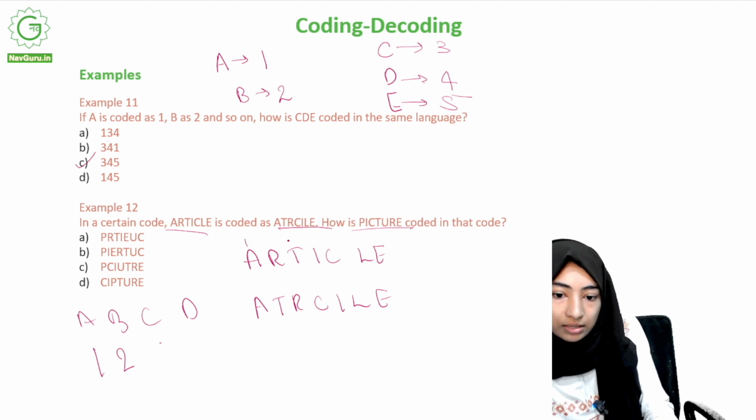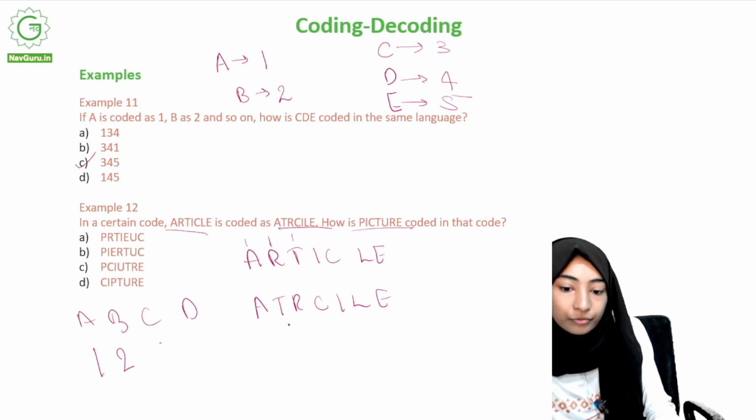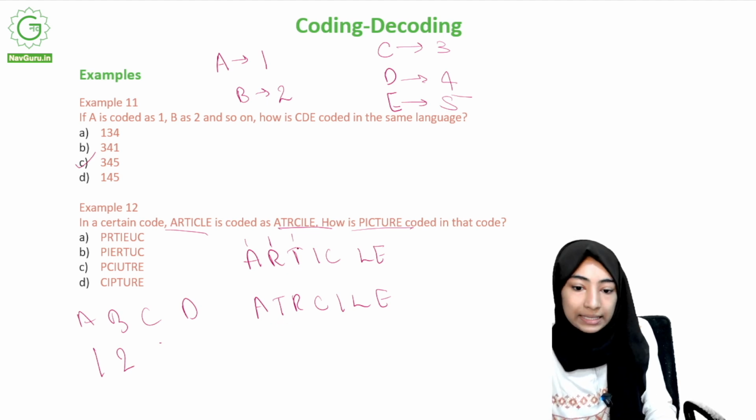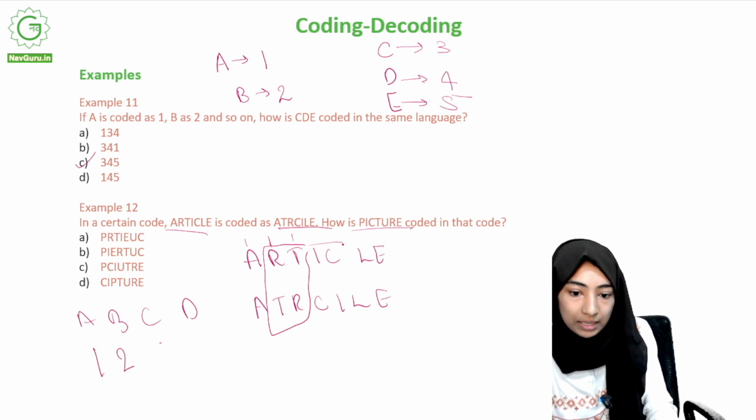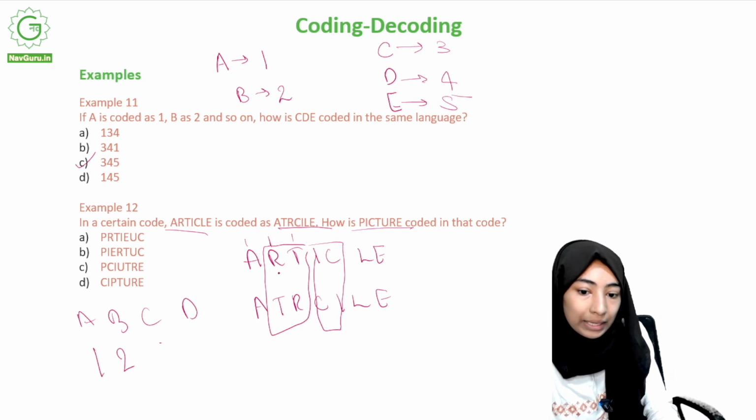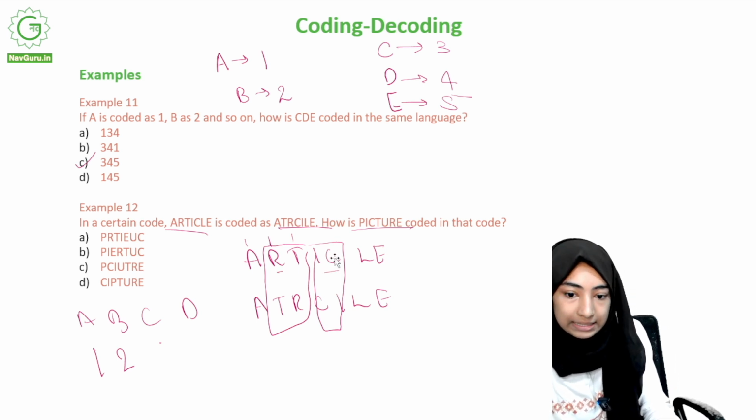Okay, between the first, second and third, what has happened here? The third letter has come to the second position. Okay, so basically a swapping has happened here. Here also a swapping has happened. Okay, so basically there's just a swapping at these two positions, nowhere else.